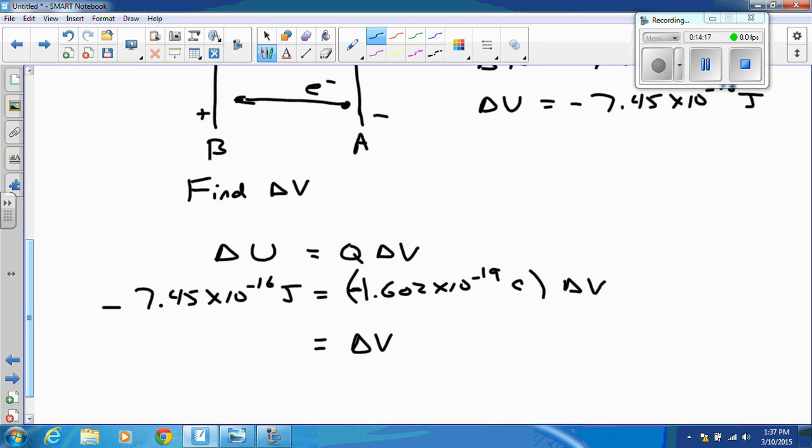What about the value for K? Of course you know it by now because you use it so much. 9E9 is the way I remember it. Okay, what do you get for your delta V?